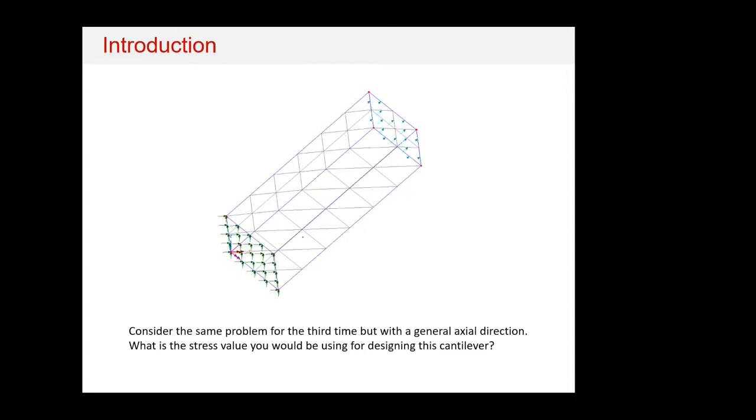Now, this is a three-dimensional projection, but if you look into the actual case, if the y is pointing inside the screen, then x and z are the two-dimensional case, and the axis is going to be at a 45-degree angle. So the axis of this cantilever is now at a 45-degree angle to the x and the z directions.